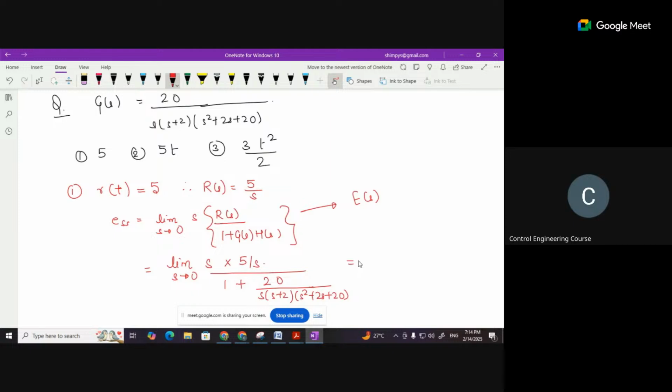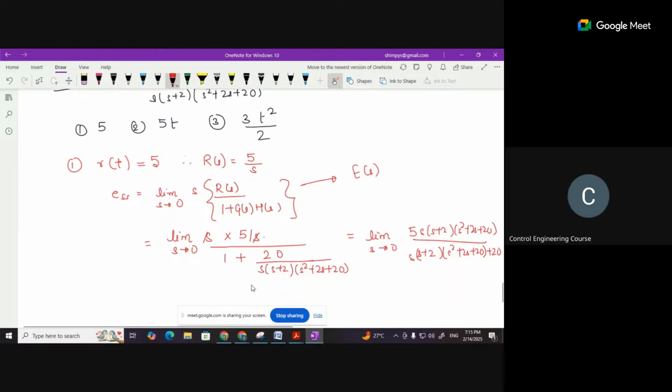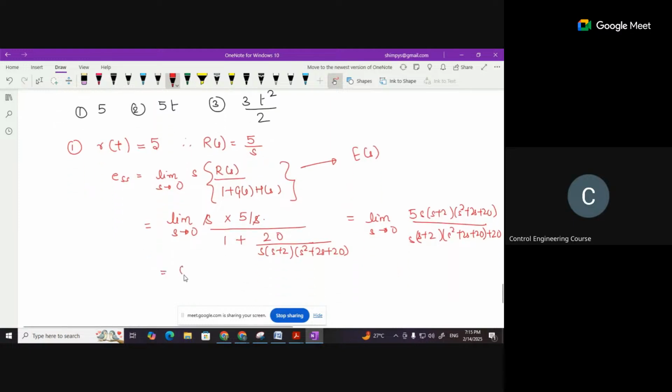So on solving this, what we'll get? Limit s tends to 0, this gets cancelled, and numerator will have 5s, s plus 2, s square plus 2s plus 20, whole divided by s plus 2, s square plus 2s plus 20 plus 20. So putting the values, our steady state error will come out to be 0. Correct?